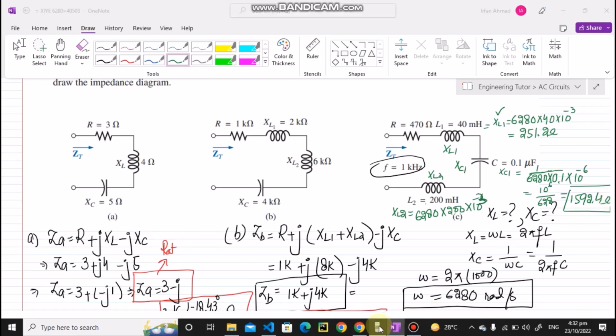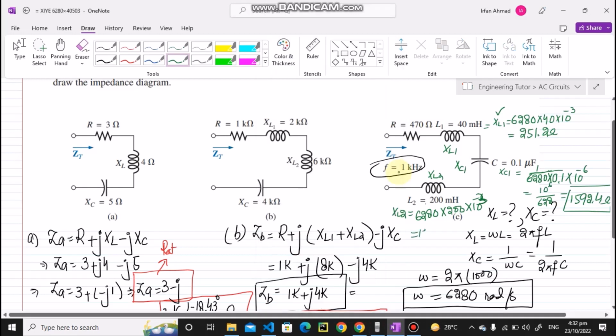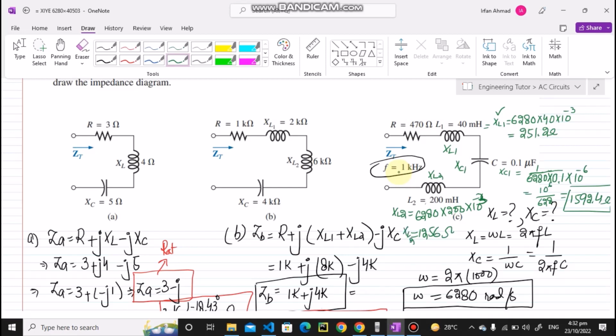So 6280 multiplied by 200 and divided by 1000, what I will get here is 1256 ohm. So that is the value of XL2.